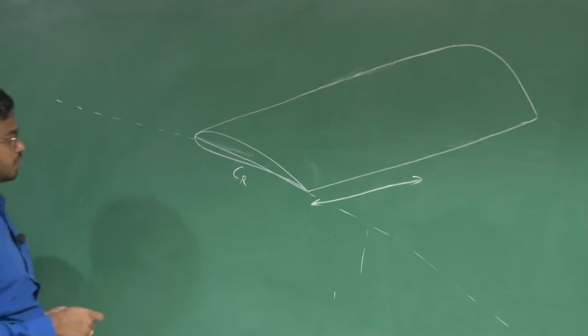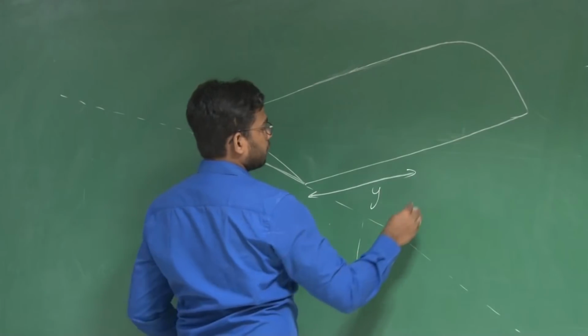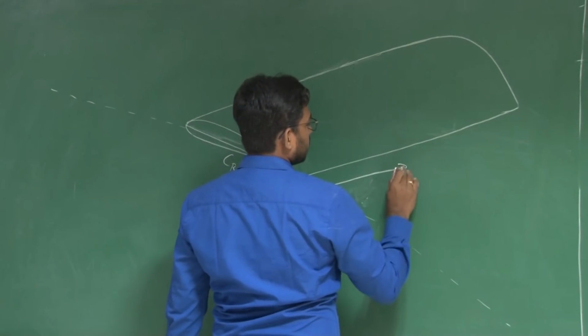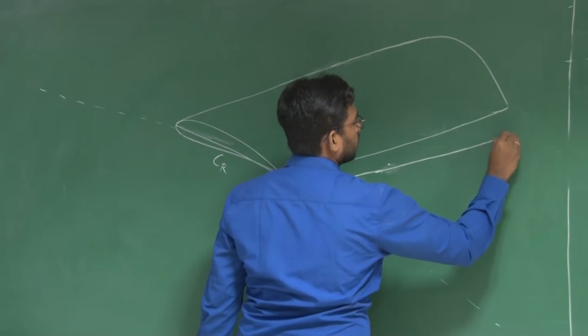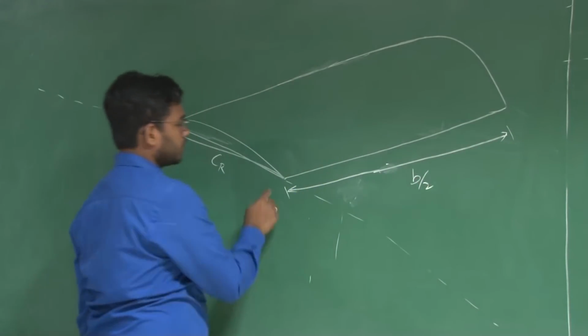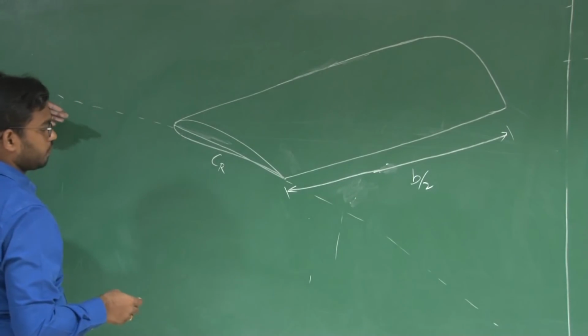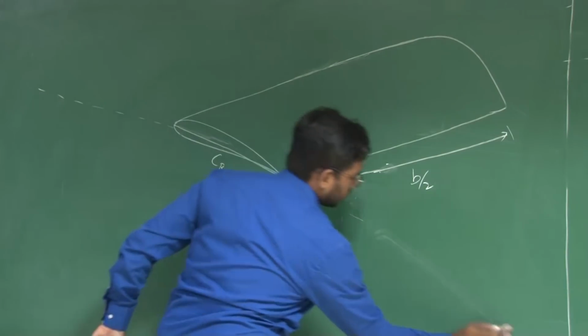Now consider a span-wise location Y, or say the tip. Consider the tip aerofoil, which is at a distance b/2 with respect to this root chord, or from the fuselage reference line.